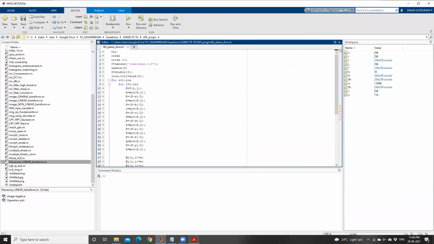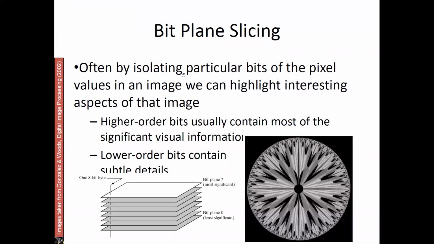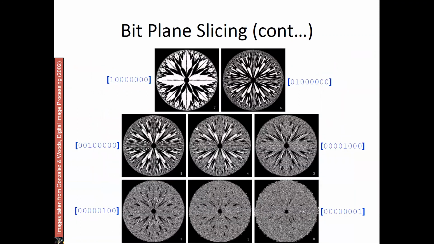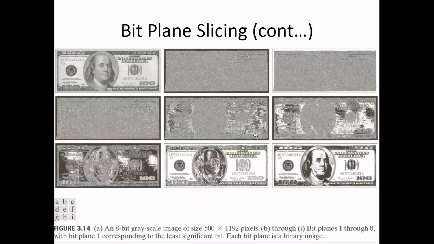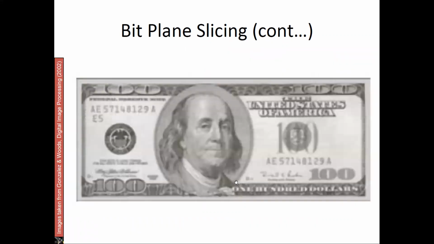Coming to the bit plane slicing, if it is an 8-bit system, we know that the last bit, bit 0, is the LSB, and the highest bit, bit 7, is the MSB. In between, this gray image can be divided into different parts by bit plane slicing. The last one, the MSB, will be the binary version of this image.